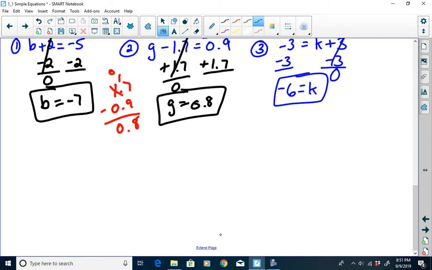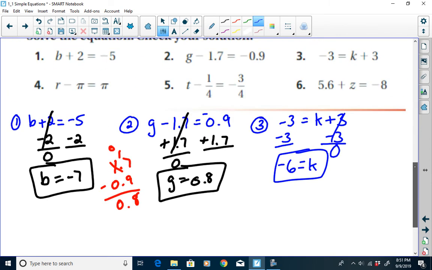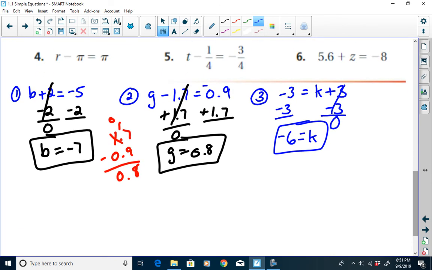All right. Let's scroll down a bit, give ourselves a little room for problems 4, 5, and 6. Question 4. We have a number R, take away pi, is equal to pi. Well, I see subtraction, so the opposite is going to be addition. So I'm going to add pi to both sides of that equation.